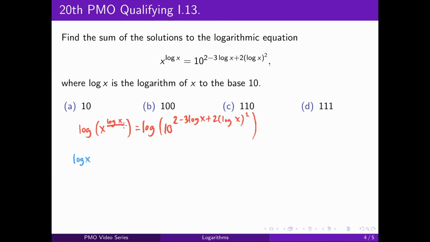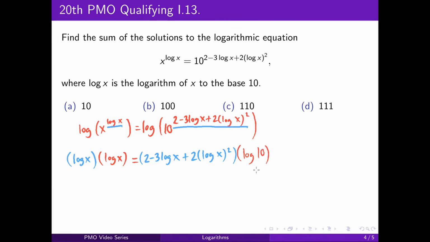So this part turns into simplified here times the actual base log x equals, again, we'll take this part and bring it down here, and then multiply by the original logarithm. Log 10. There. And when you simplify this, note that this side here just turns into 1 since this is base 10.